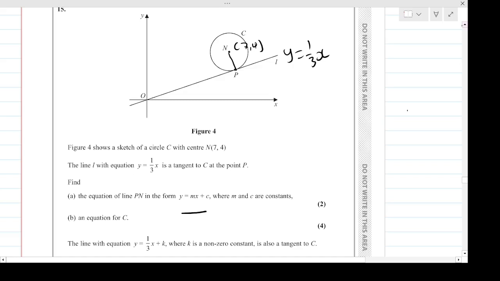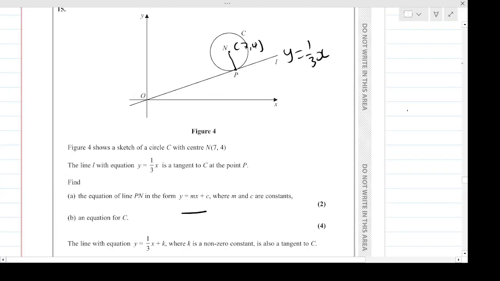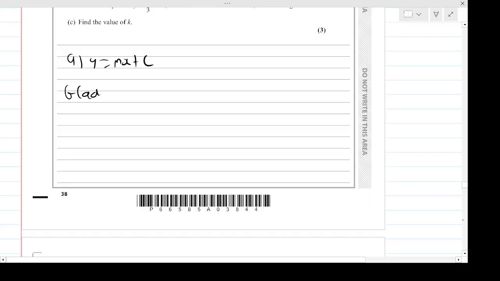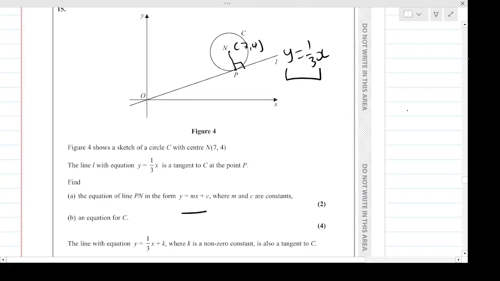So y is mx plus c. That's the equation of any straight line. So firstly, m, my gradient. Actually, you should remember the circle theorem that a radius is perpendicular to a tangent. We know the gradient of the tangent is a third, just by looking at the line of the tangent given.